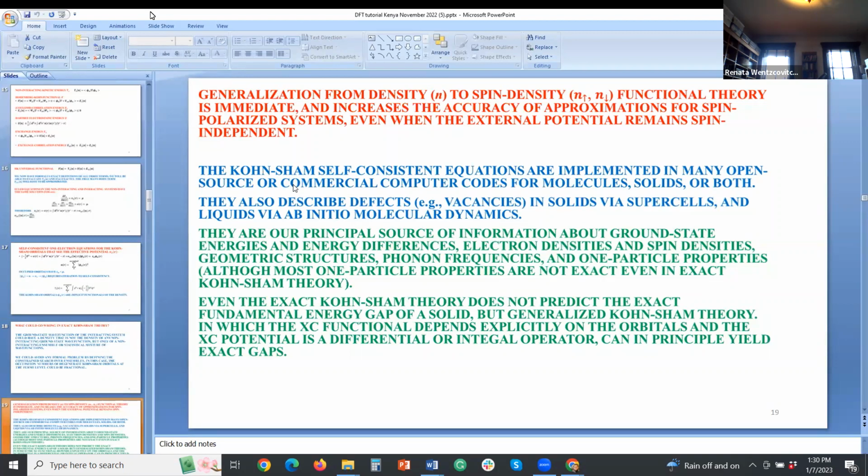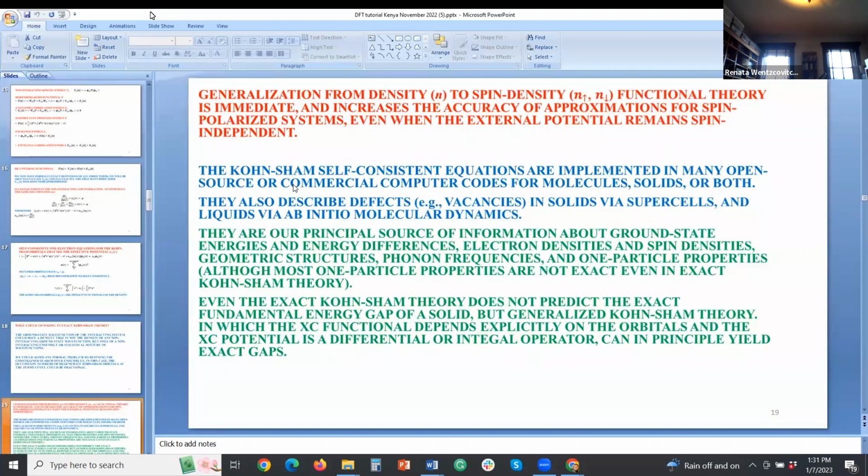You could even have the external potential be different for the up spins and the down spins. And you could make a spin density functional theory, an exact spin density functional theory, in exactly the same way that you made a total density functional theory. It turns out that this generalization is useful even when the external potential is independent of the spin, which is the usual case, because the external potential usually is a Coulomb interaction of electrons with nuclei.